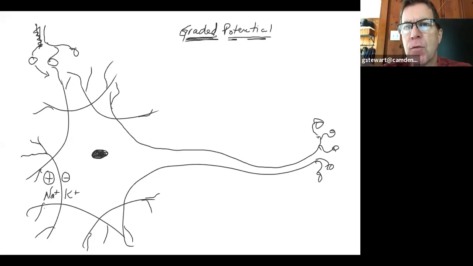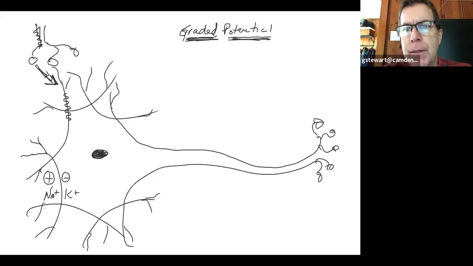By definition, what that means is the chemical that's released onto the dendrites and around the cell body, the receiving end of this neuron, causes a change in polarity along this membrane. That's what a graded potential is.